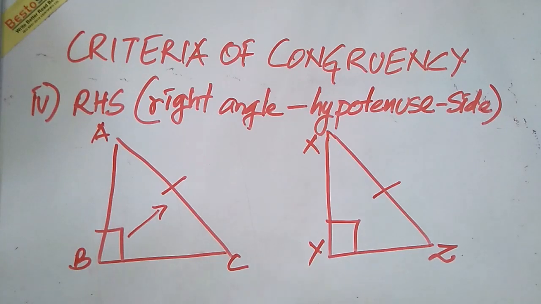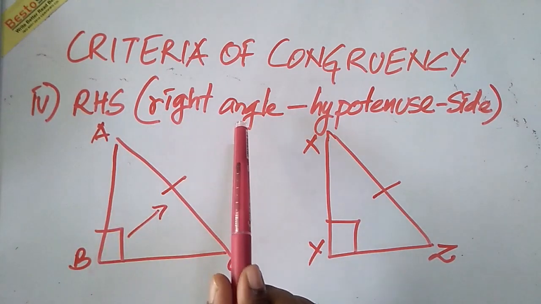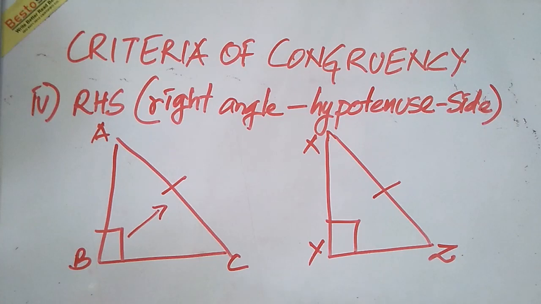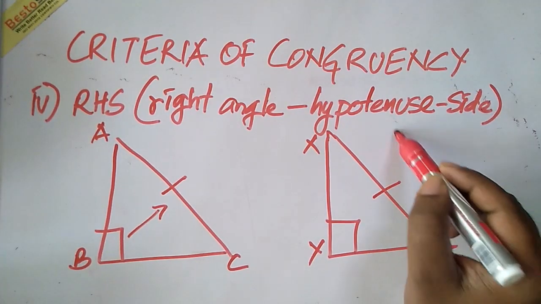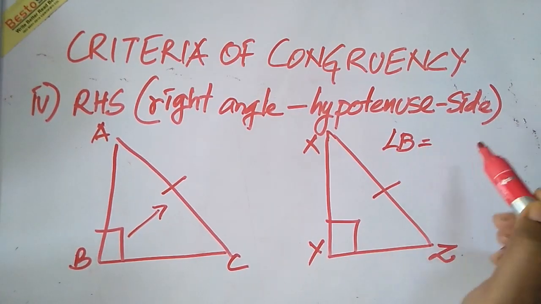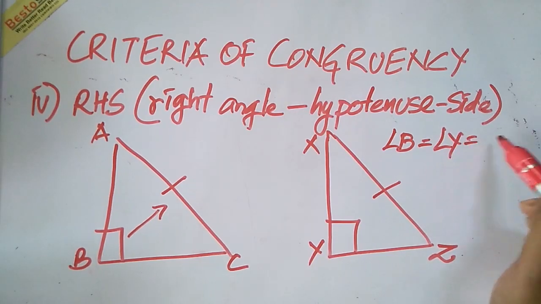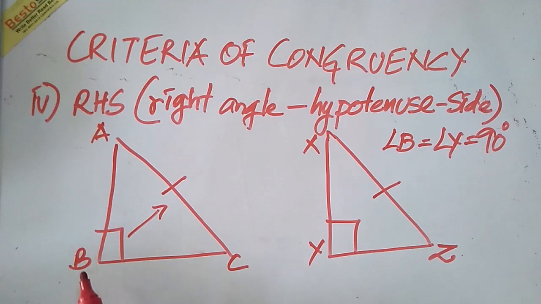Now here, this fourth criteria is right angle, hypotenuse, side. So here we have right angle. That means angle B is equal to angle Y is equal to 90 degree. That means angle B is 90 degree and angle Y also is 90 degree.